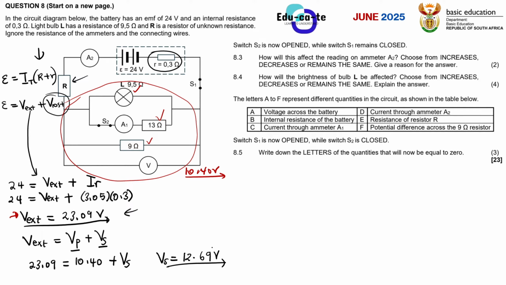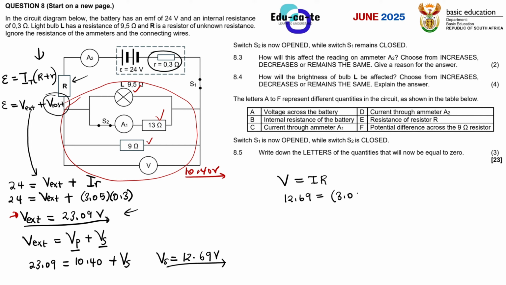We can now just use our Ohm's law and say, therefore, the voltage is equal to I times R. In this case, we now know that the voltage is 12.69 volts. For the current through resistor R, resistor R is receiving the total current. I repeat this for the 1000th time. The total current, we already measured it to be 3.05.